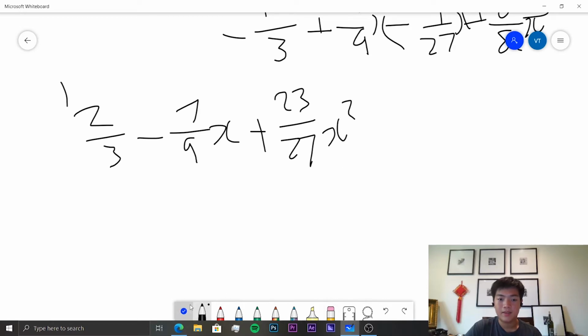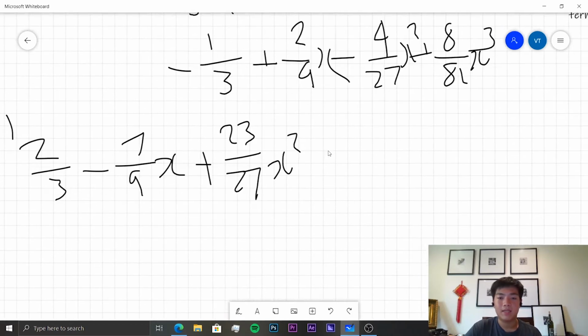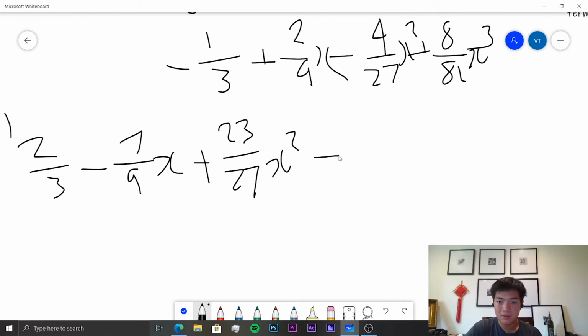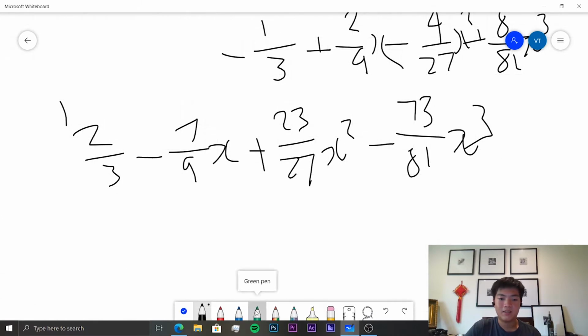And finally, 81 minus 8 is equal to 73, over 81 x cubed. So that should be our final answer, and I think this is it.